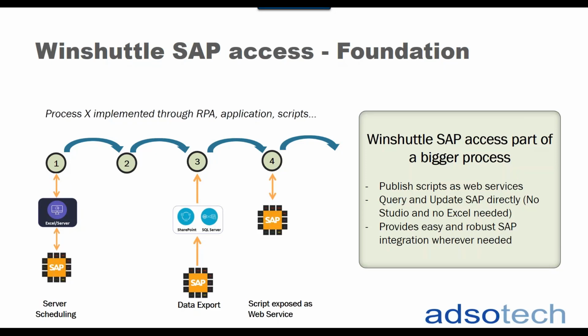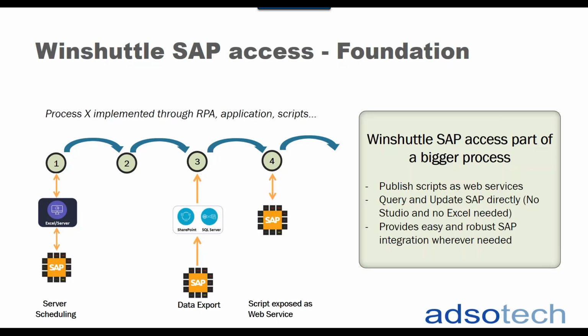You can publish it as a standard SOAP web service, and this of course means you can provide a very easy way to integrate with SAP from basically any application. So if you are building whatever script or application or RPA solution, you will always have the possibility to consume web services from it.